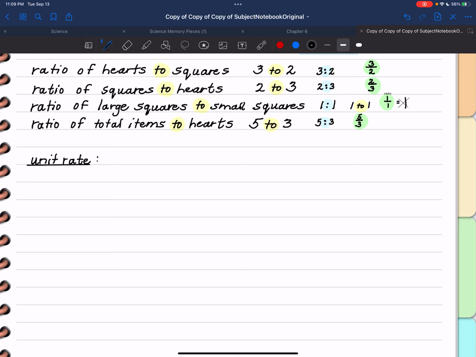A unit rate is a ratio, so it's a comparison of two quantities that compares an amount to one unit.